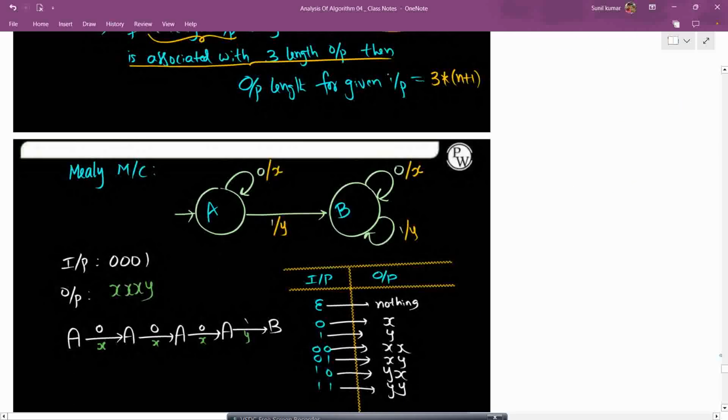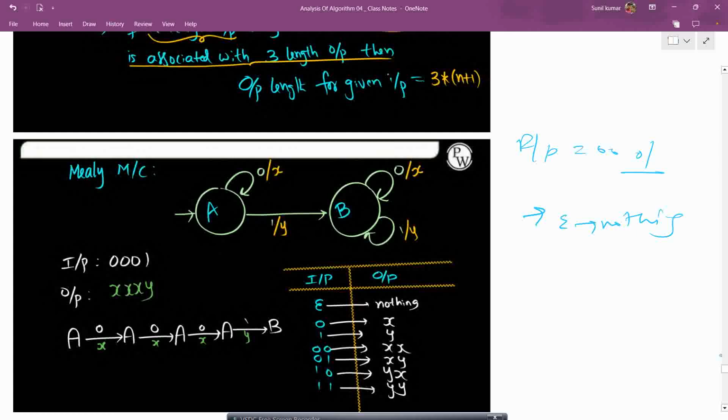In Mealy machine, if the input is 0 0 0 1, then for the first there is no output, epsilon is nothing.